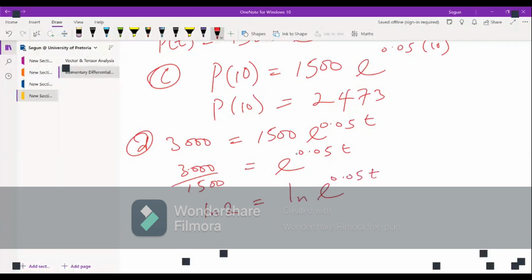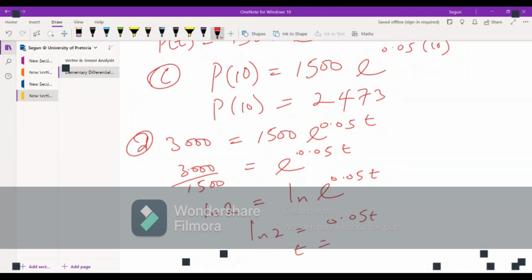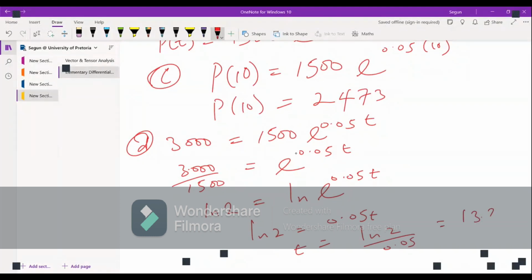At the end of the day, ln 2 equals 0.05 t, and our t will be ln 2 divided by 0.05, which equals 13.86 years approximately. So t equals 14. It will take 14 years to double the population.